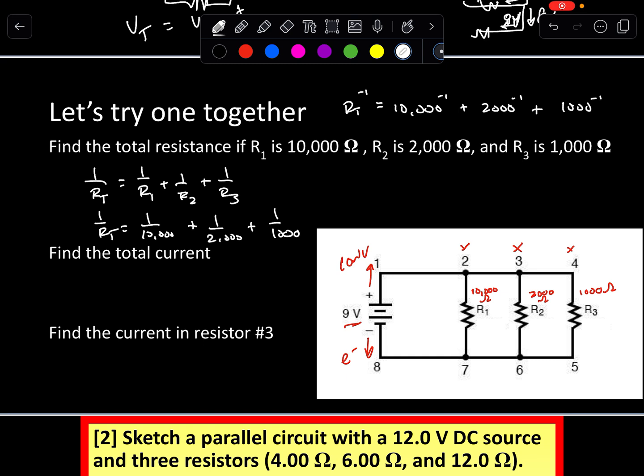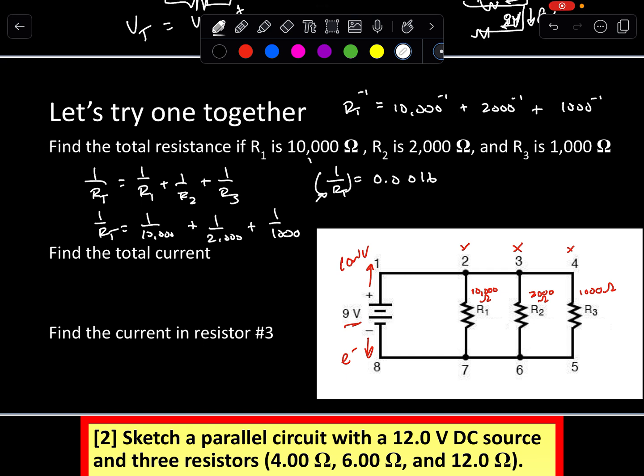All right, so if I take 10,000 in here, and then I do my 2,000 as an inverse and my 1,000, what I end up with is 1 over R total equals 0.0016. Now, at this point, people want to select this as our answer, but it's not, because notice I still have R_T down in the bottom of that.